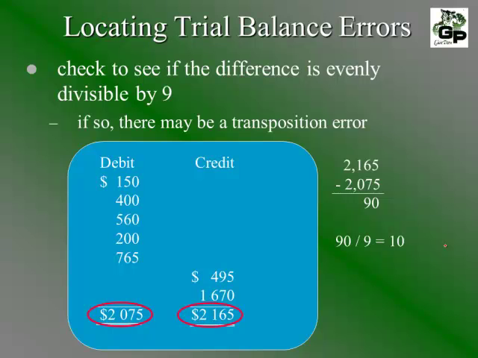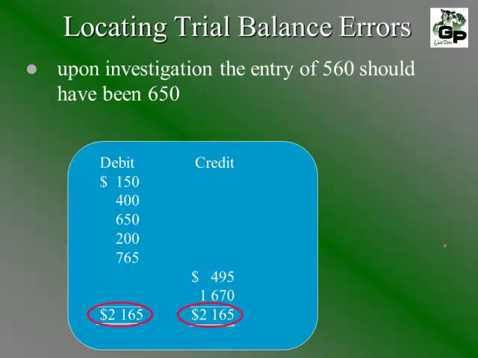Let's see first of all if the difference is evenly divisible by 9. In this case, 90 divided by 9 gives us an even number that we can all do in our heads, and it's 10. So perhaps we have a transposition error. We look through all the different values and check to see whether we could have flip-flopped the 150 to be 510.